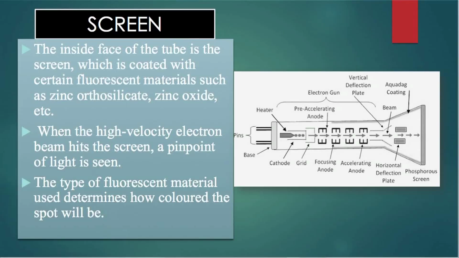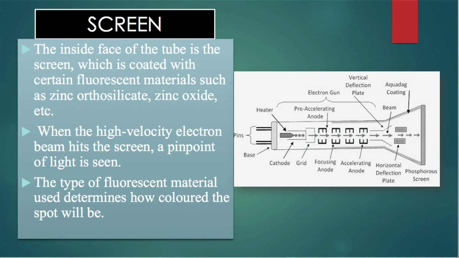So, let us discuss the screen. First, here in this diagram you can see on the right hand side the phosphor screen. The inside face of the tube is the screen, which is coated with certain fluorescent material such as zinc orthosilicate, zinc oxide, etc. When the high velocity electron beam hits the screen, a pinpoint of light is seen.